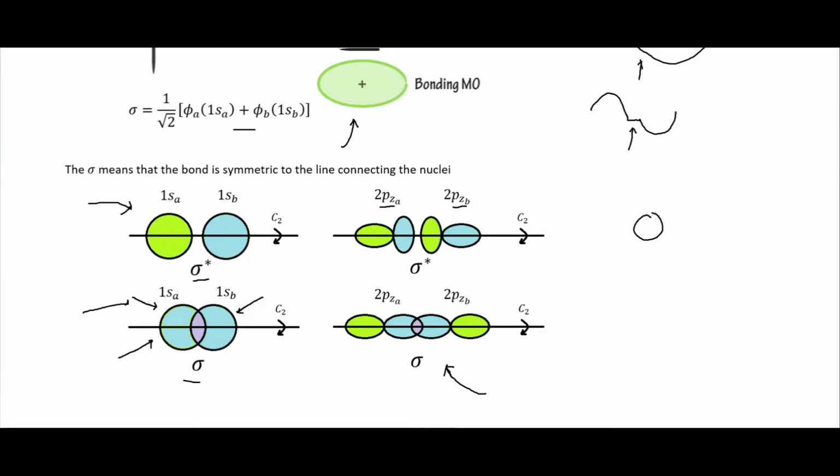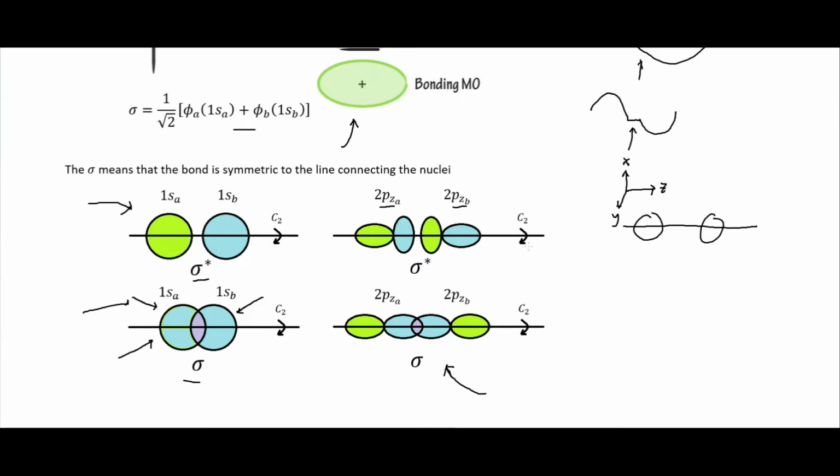So we have our two atoms like this, and we define the z-axis that way. Oftentimes it's the y-axis sticking out of the screen and the x-axis sticking up that way. And so the z-axis is the axis that intersects both atoms like that. And so that's why I have the pz there like that.